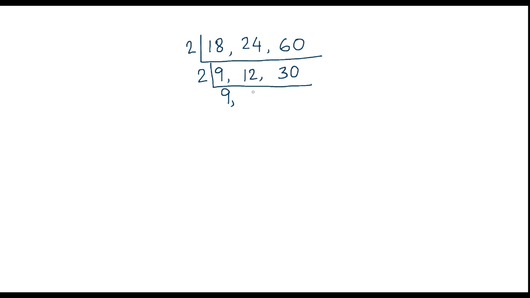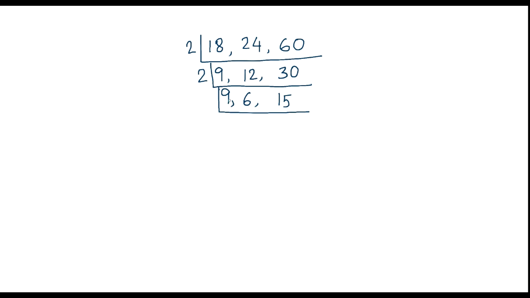And 12 divided by 2 is 6. Next step will be the same. Now there is only one even number, so I cannot divide with 2. As I said, I have to have at least 2 numbers that I can divide with the number I am taking here. So I cannot take 2 here.